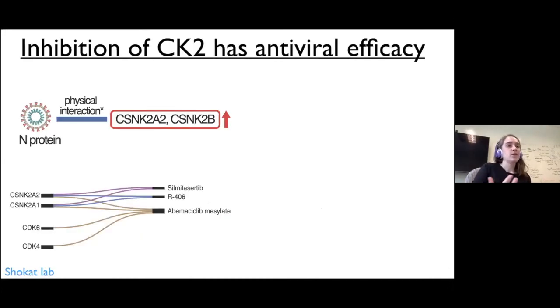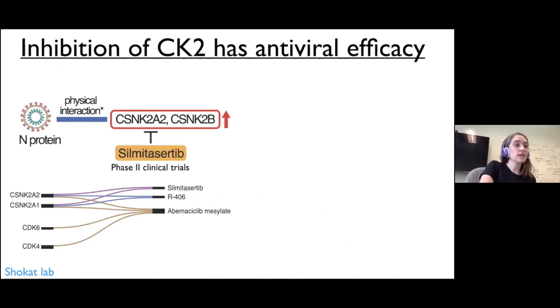And lastly, the goal of much of our work is to find drugs that could be used as treatments for COVID-19. So we teamed up with Kayvon Shokat, an expert in kinase drugs, and he helped us map different drugs that may target CK2. One drug, as shown here, is actually in phase 2 clinical trials.